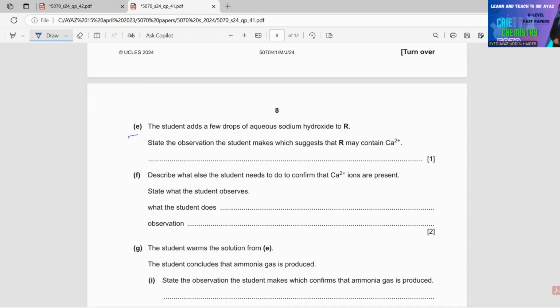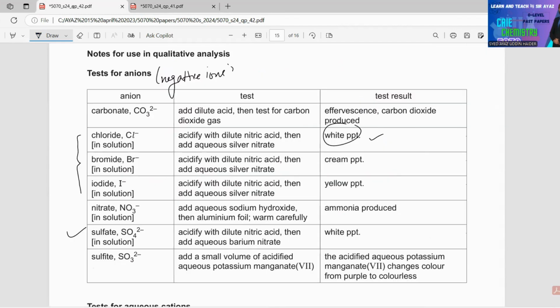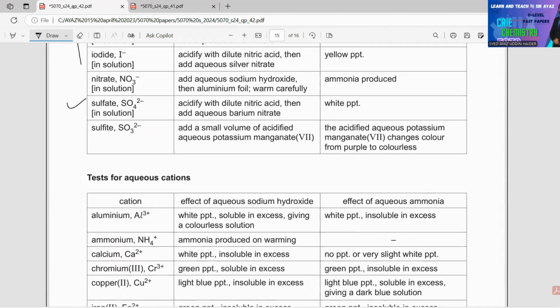Part E. The student adds a few drops of aqueous sodium hydroxide to R. State the observation that student makes, which suggests that R may contain Ca2+. Now here's the test for the cations. Cations means positive ions.